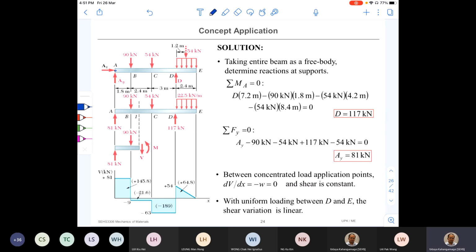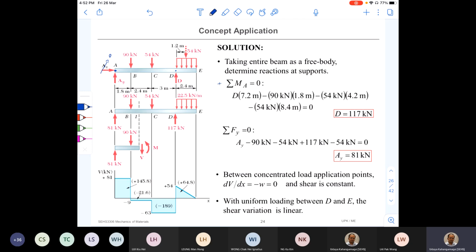Mark the reaction forces at A and at point D, AY and AX, and by observation I can say that AX is equal to 0. Now you should be able to write the equations of equilibrium and get the answers for AY and D. So the calculation is there. I'm not going to go through that one. You know how to do that now, right?